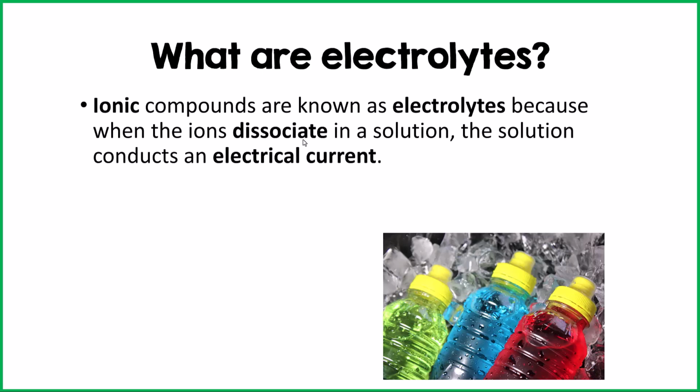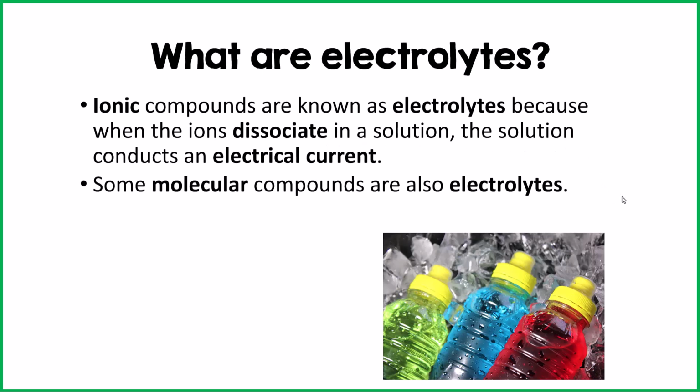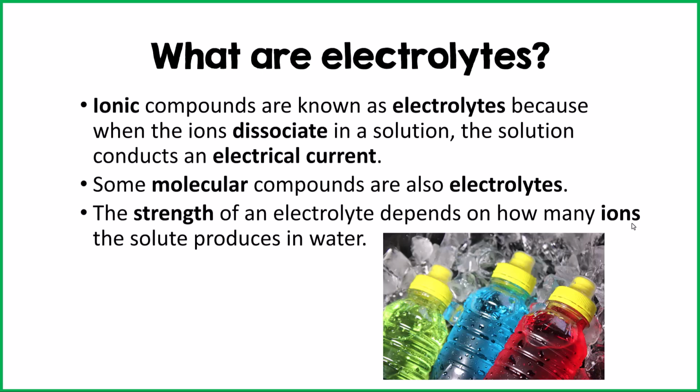And so those ions are now able to conduct electricity, and so we call those electrolytes. Some molecular compounds, remember molecular compounds are covalently bonded, are also electrolytes. The strength of an electrolyte, in other words, how much current it can produce, depends on how many ions the solute produces in the water.